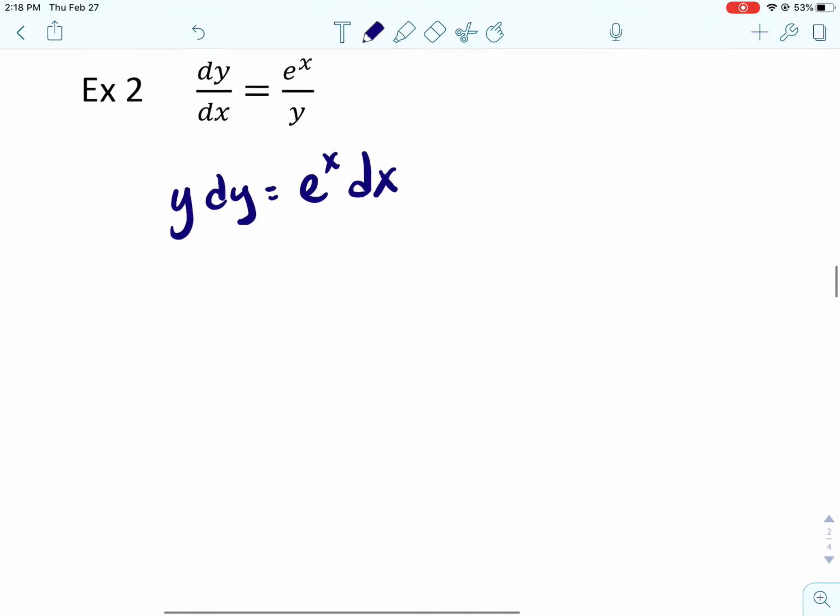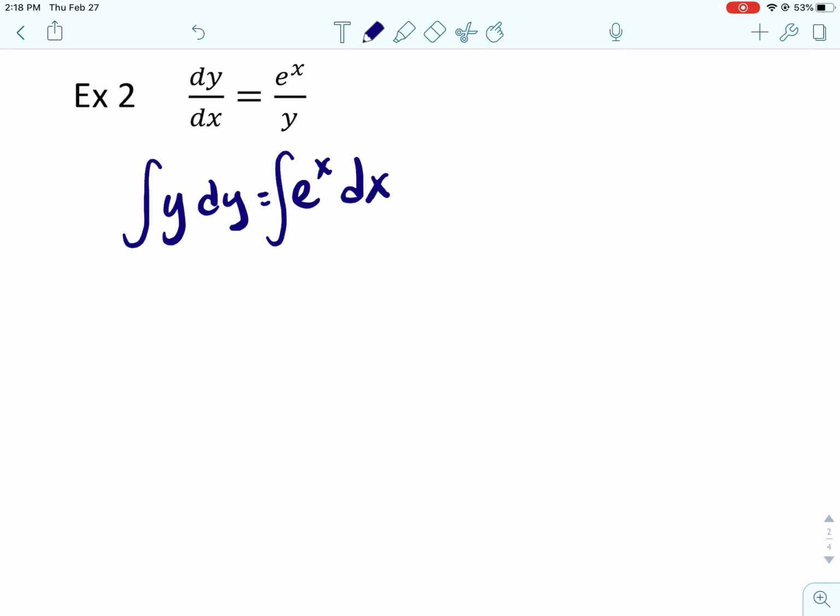All right, so we can go ahead and find the antiderivative. Make sure you show everybody what you're doing. You find each of these antiderivatives for me, please.